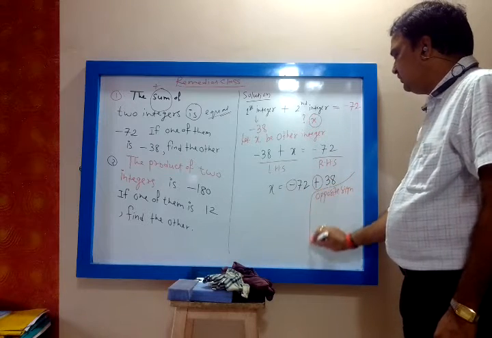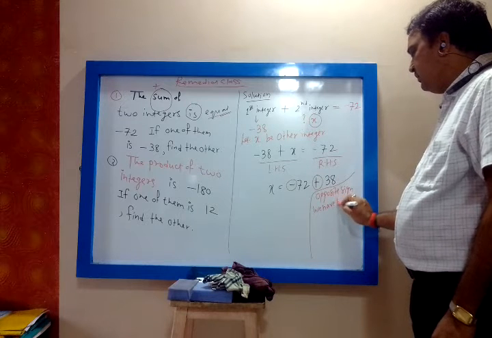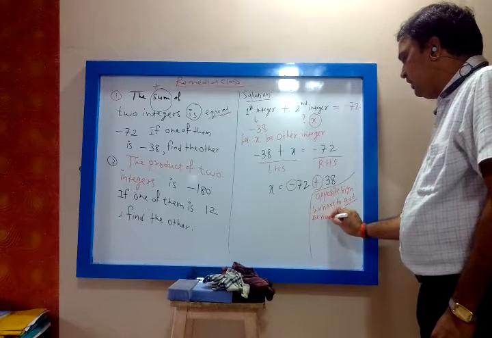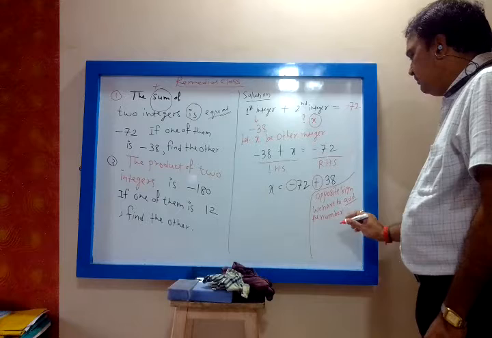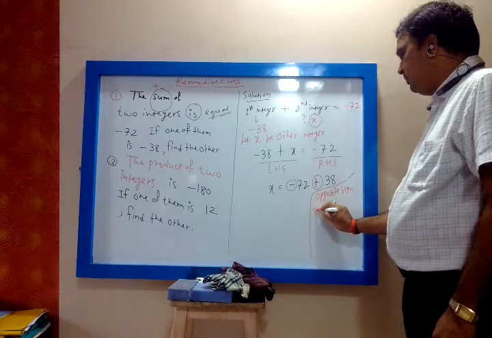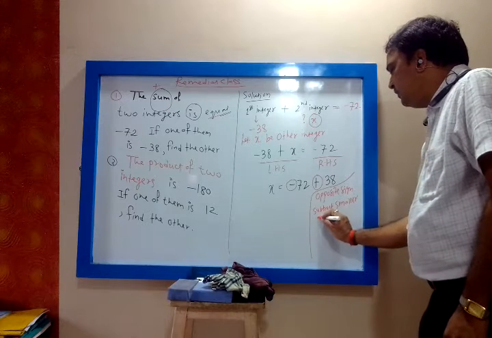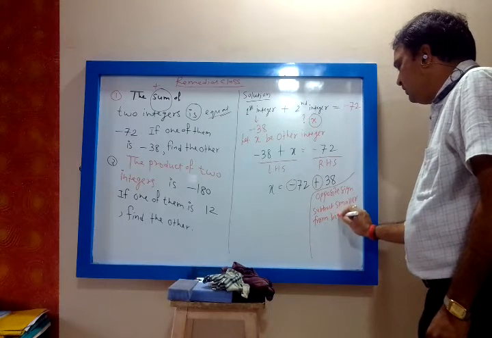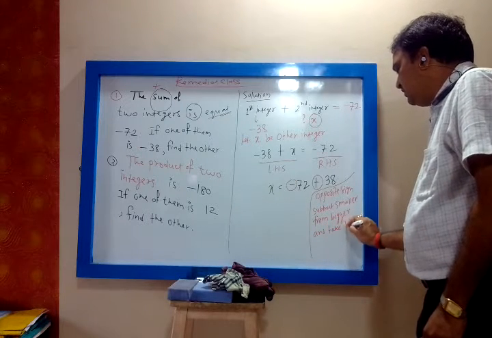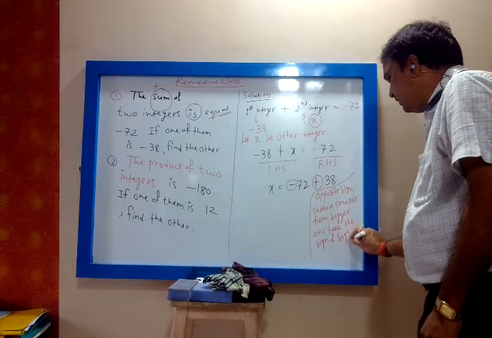Whenever they have opposite signs, we subtract the smaller number from the bigger number and take the sign of the bigger number.